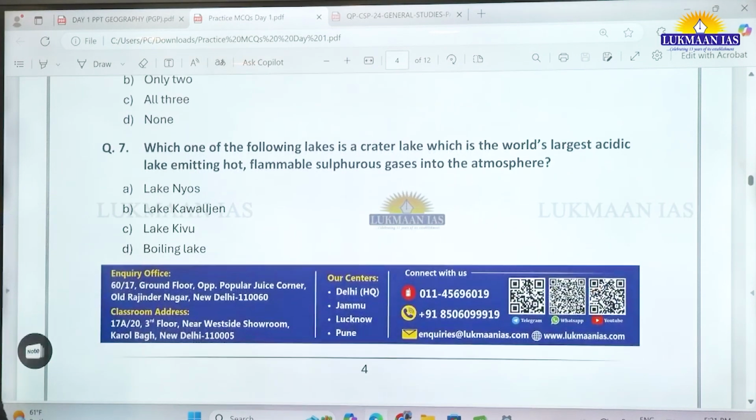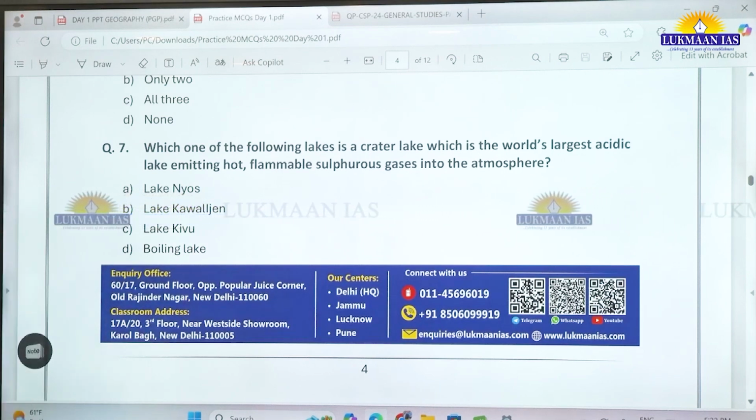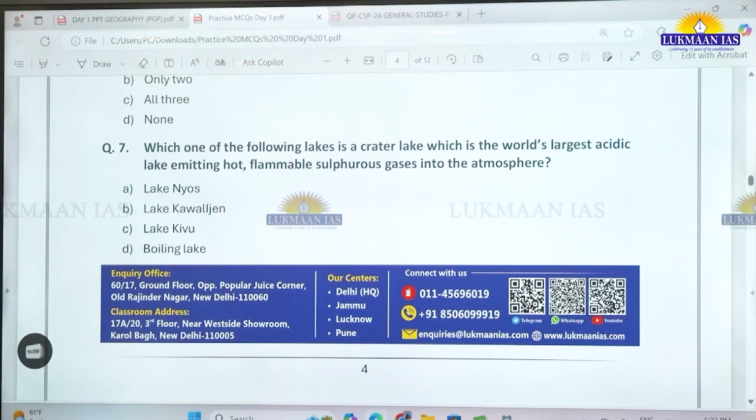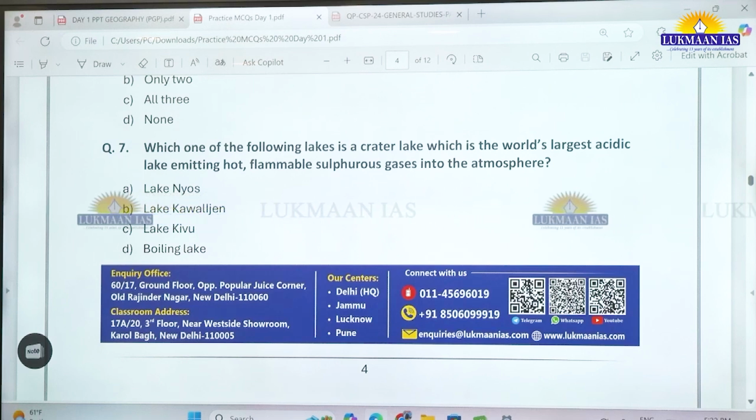What about this one? न्यूज में था ये. Lake, world's most acidic lake. कौन सा है ये? इंडोनेशिया में लोकेटेड है.